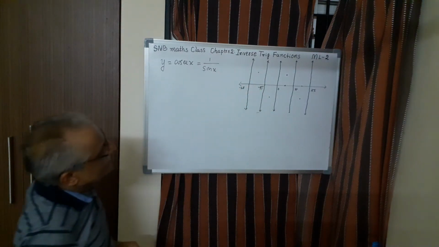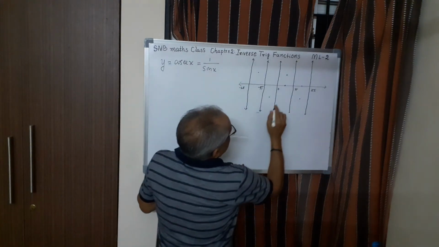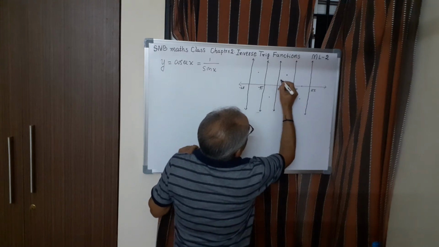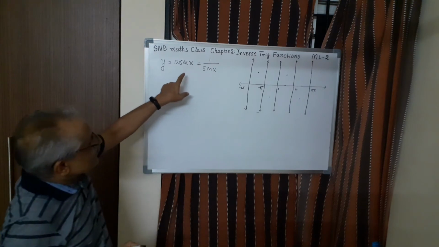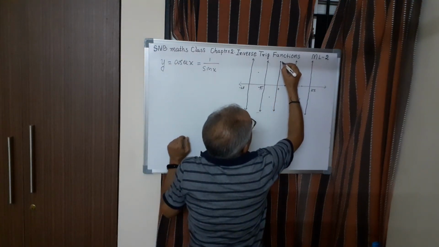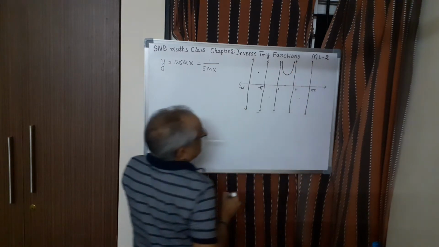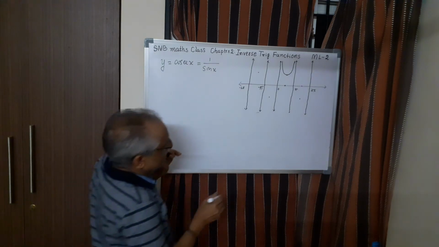Now how to draw the graph? So to draw the graph, what you have to do is, see, the graph of sine is like this. So it is like this, like this, then it goes like this. Graph of cosec is the remaining. That means actually what you have to draw is, this is the graph. Actually you have studied this last year, first year, in the third chapter, that is trigonometric function.